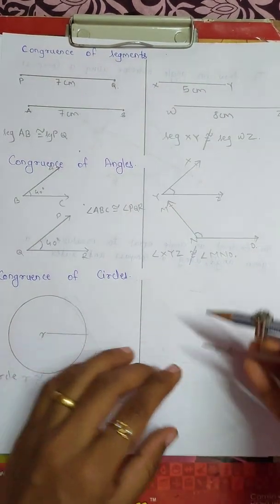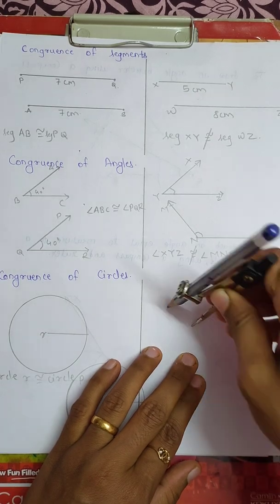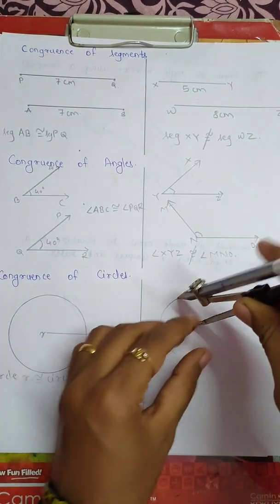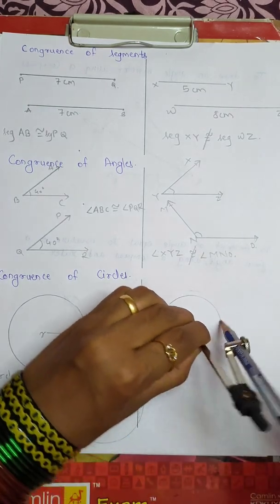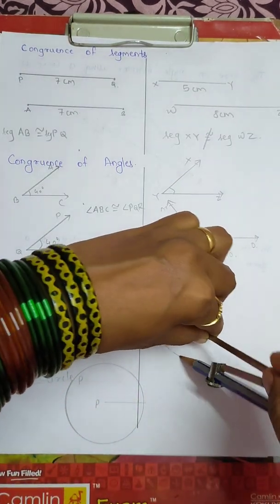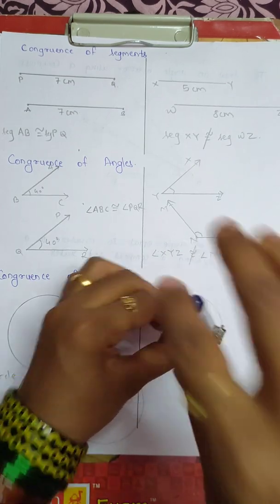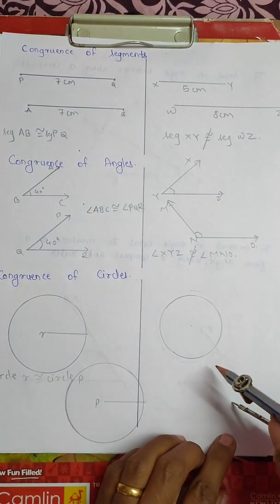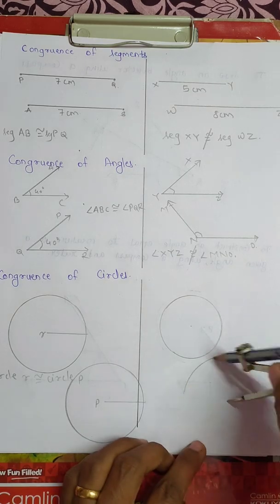Now here, if we have two circles, let's draw one with any radius and another circle a little bit bigger.